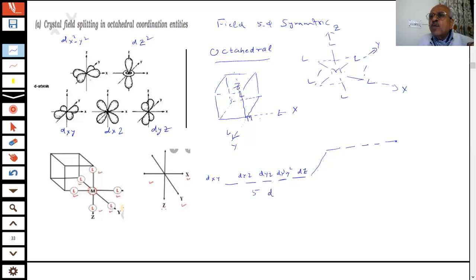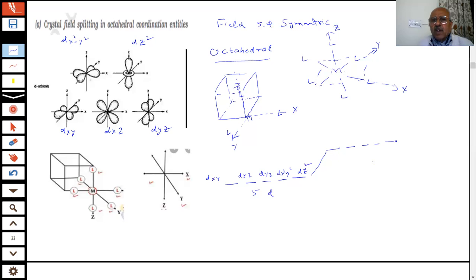There will be repulsion. Out of the 5D orbitals, the dx square minus y square and dz square will experience more repulsion.